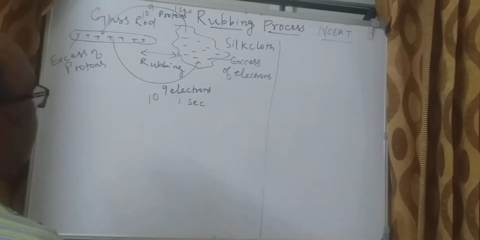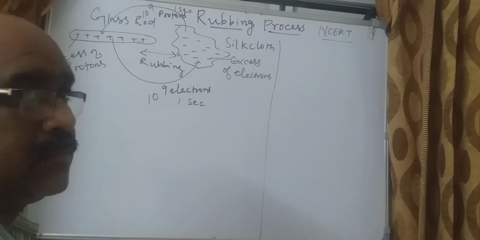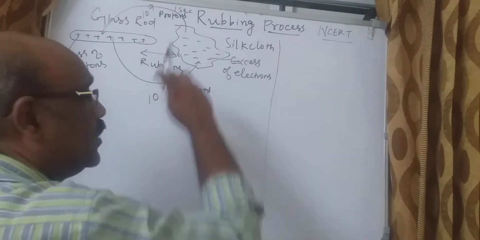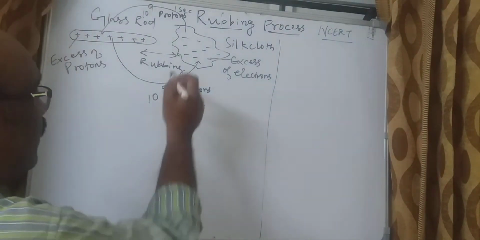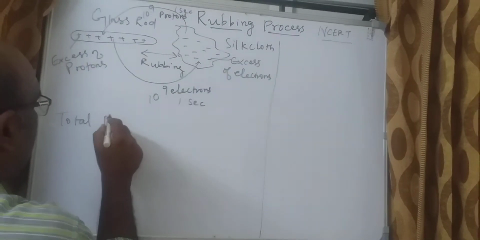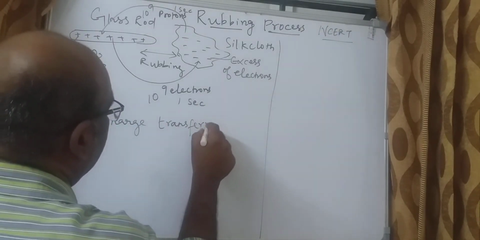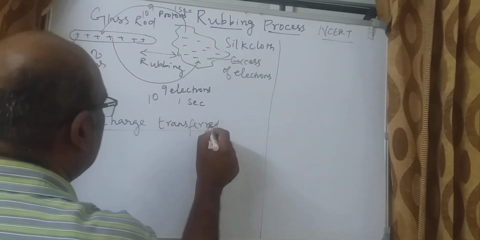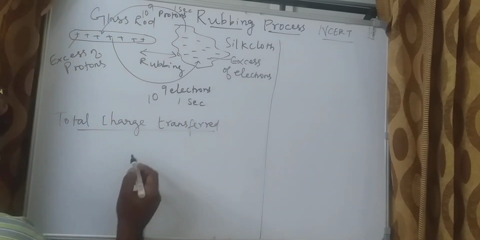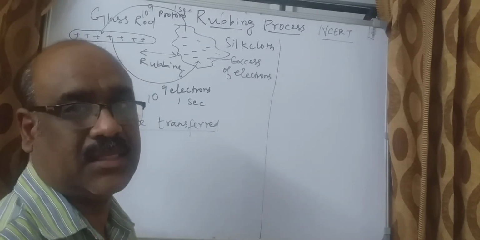Let us now find, if 10 to the power 9 electrons are transferred, what is the total charge transferred from the glass rod to the silk cloth? Let us find that out. How to calculate the total charge transferred? We know the quantization of charge, which is one of the basic properties of charges.